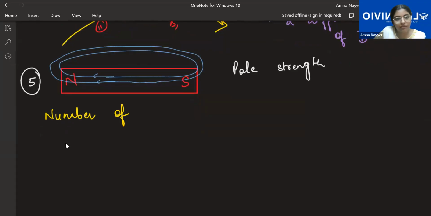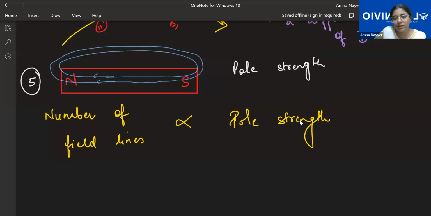Number of field lines are directly proportional to the pole strength. Okay.